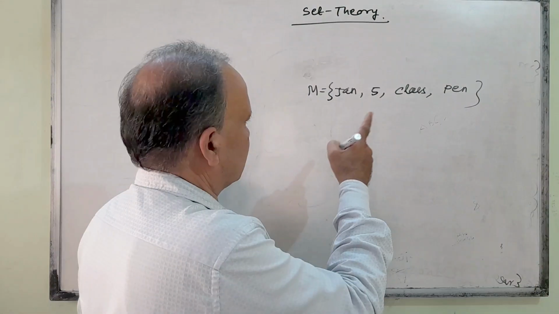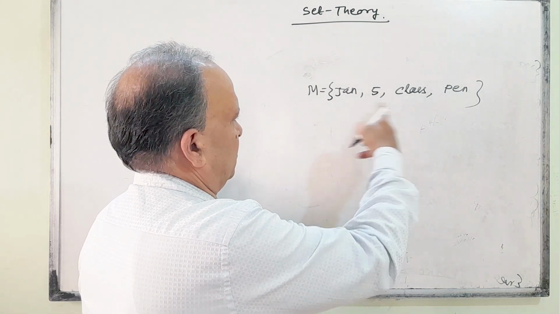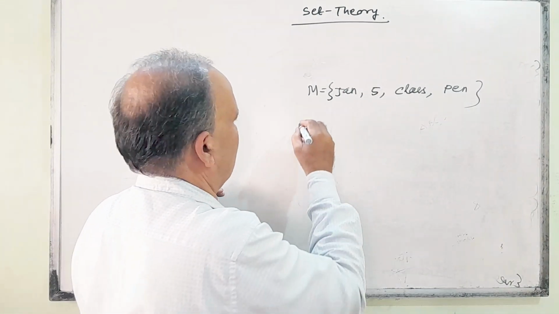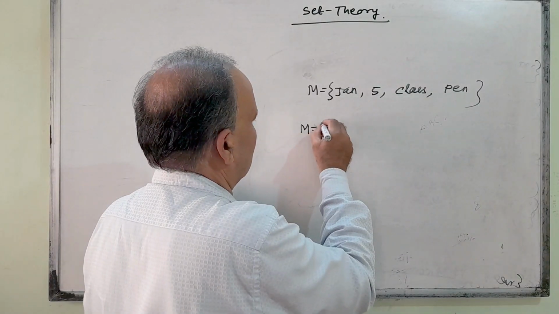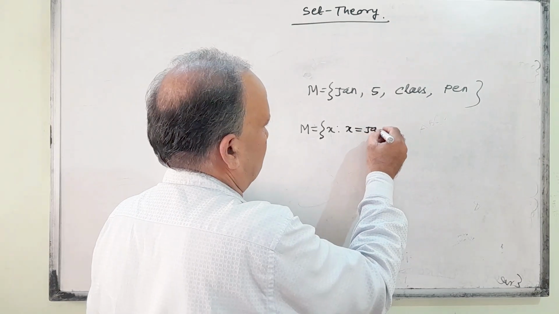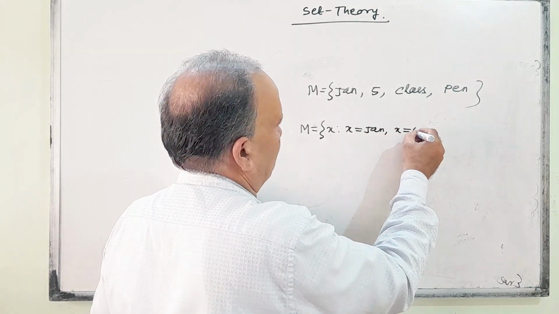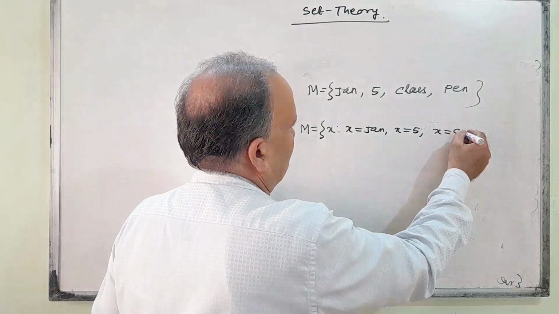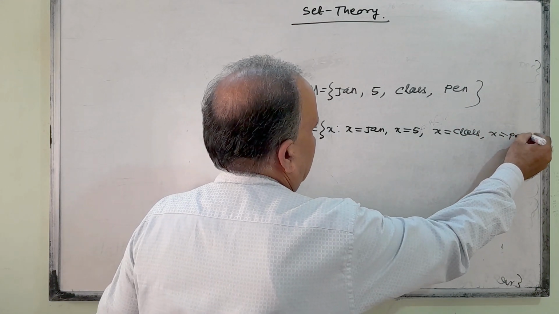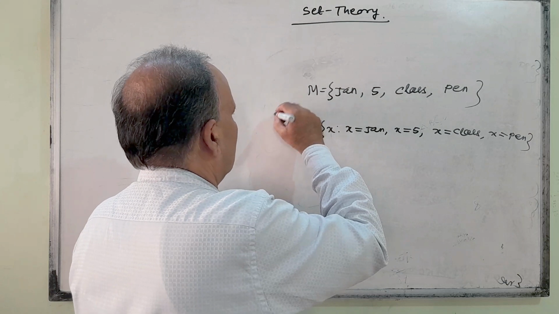Suppose it is given in roster form; you write it in set builder form like this. M is equal to {X such that X is equal to January, X is equal to 5, X is equal to class, X is equal to pen}. Just like this. Very important question.